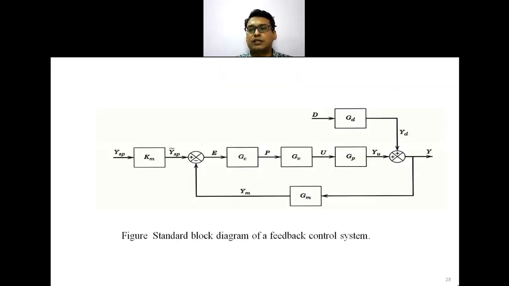Now this is a block diagram reduction that we are going to discuss.